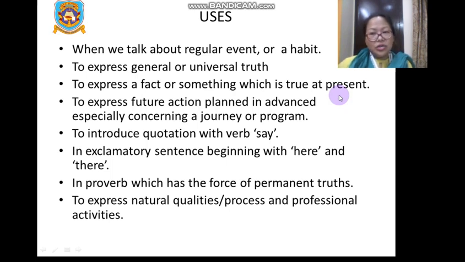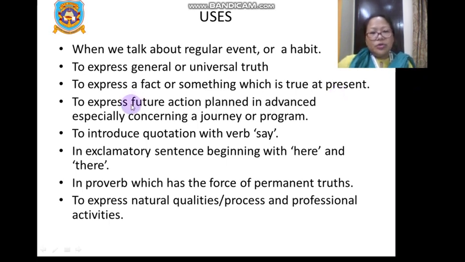He teaches. Again, he is a third person. Teach ends with ch, so we add es to it. He teaches mathematics in school.